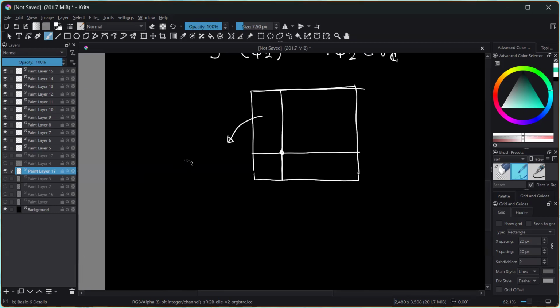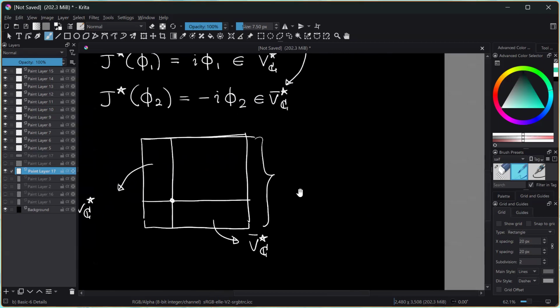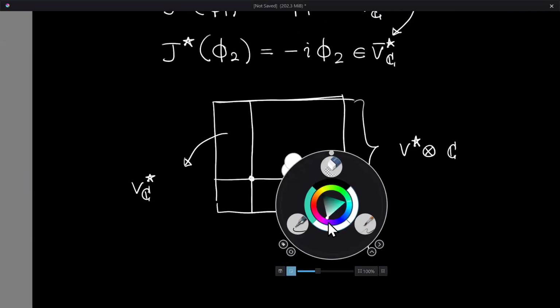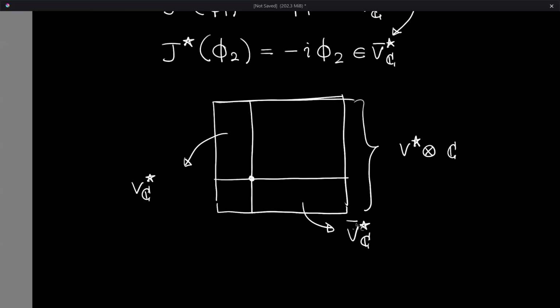So let's say that this is the subspace VC star, and this is the subspace VC star bar, and this whole square or rectangle, or whatever way you draw it, is V star cross C. And this one point is 0.